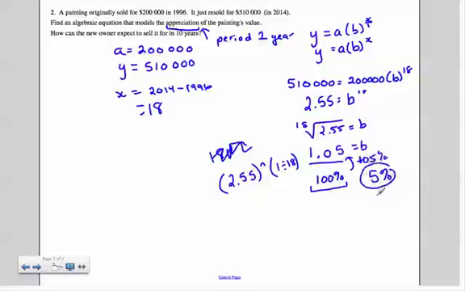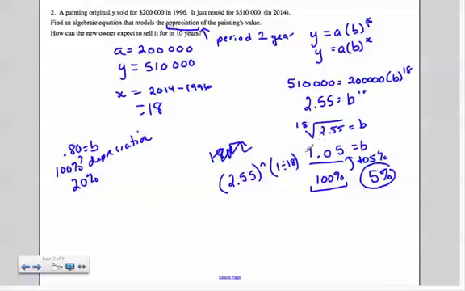So the appreciation rate is 5%. If I solved this question and I got something lower, let's say I got 0.80 equal to b, well that, if I compare it to 100%, is lower, so this would be depreciation. And it would be a 20% depreciation because 80% is 20% less than 100.